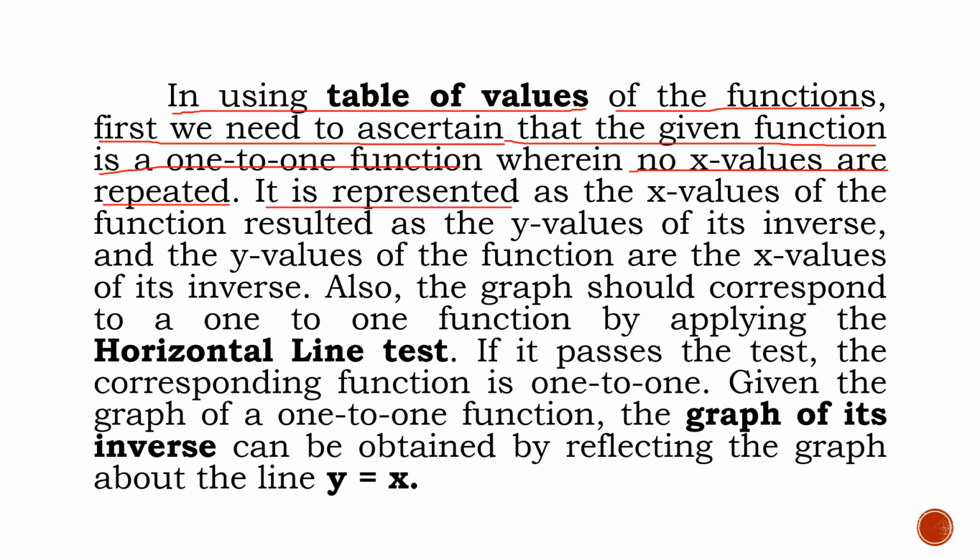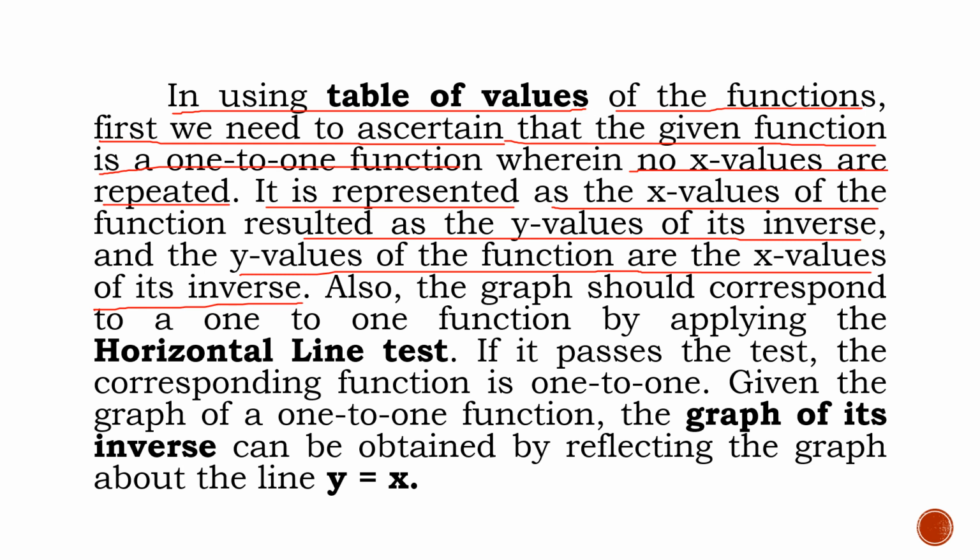The x values of the function become the y values of its inverse. It's the swapping of values between your domain and your range when going from a one-to-one function to its inverse function. And the y values of the function are the x values of its inverse.